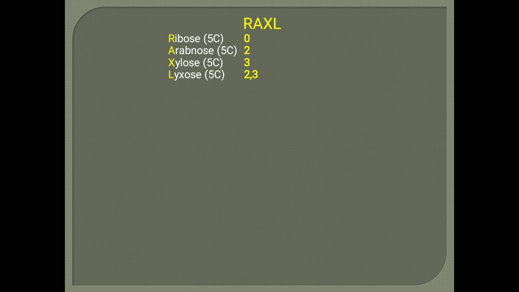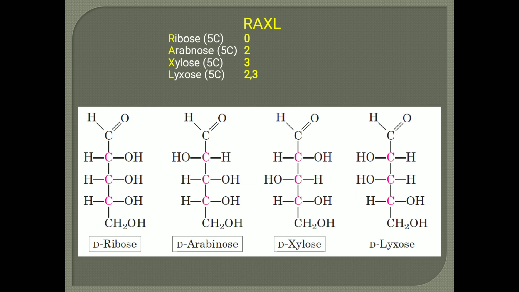So let us see the structures. So here ribose, arabinose, xylose and lyxose are there. You can find that in case of ribose, no hydroxyl group on the carbon in consideration is there on the right. Instead it is there always on the left. So 0 hydroxyl group on the right.